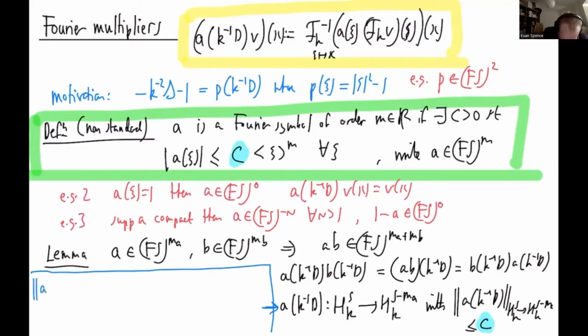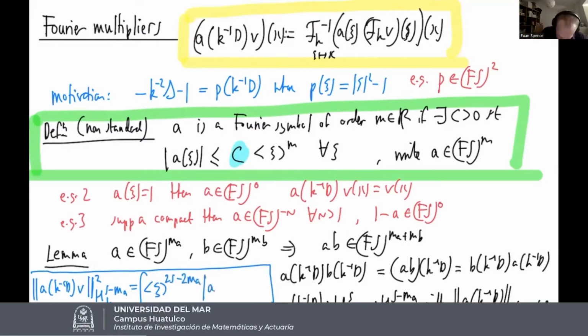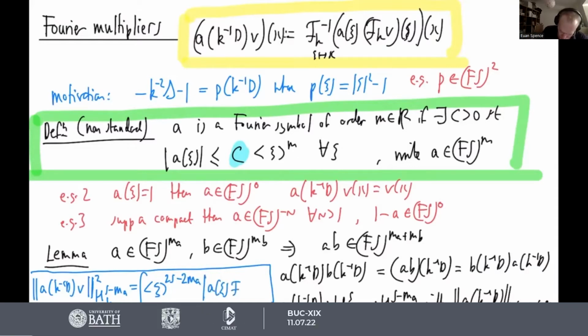So A, K inverse D acting on a function V. Okay, the norm of this squared, H S minus MA with K. This is the integral of psi angular bracket to the 2s minus 2ma, then a, then, so what is it?